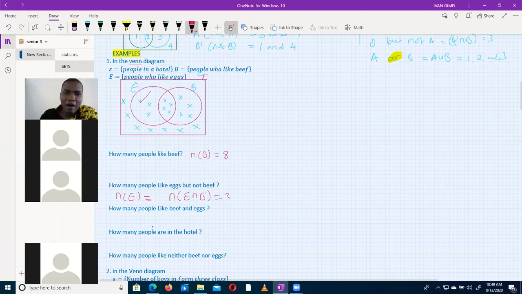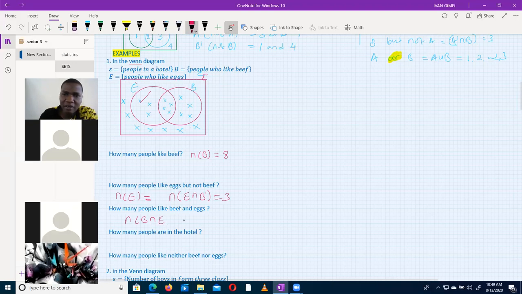Okay. How many people like beef and eggs? Number of beef intersection eggs. We said and stands for intersection. This gives us 4.